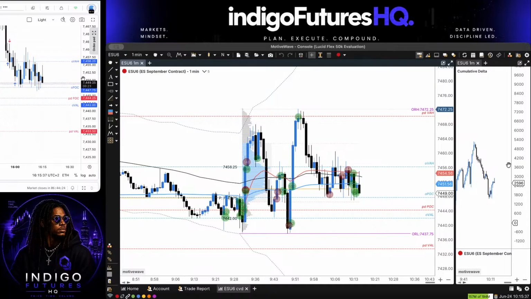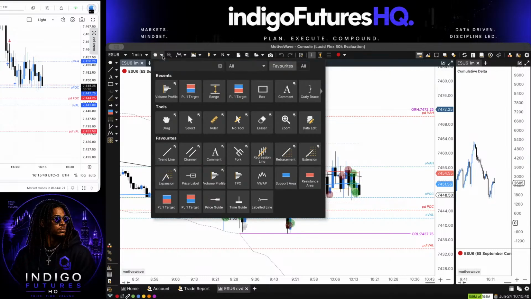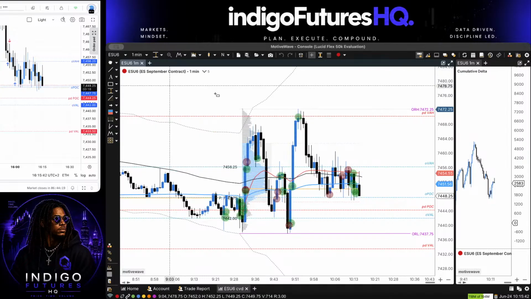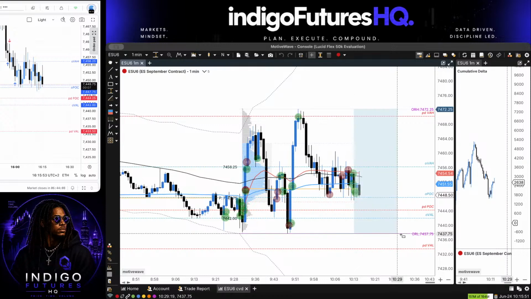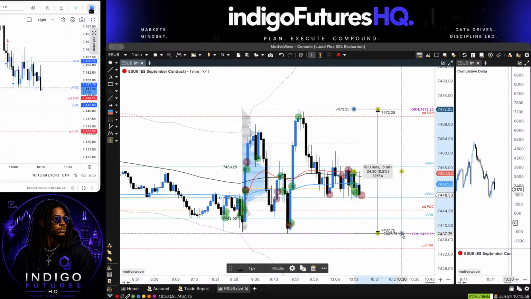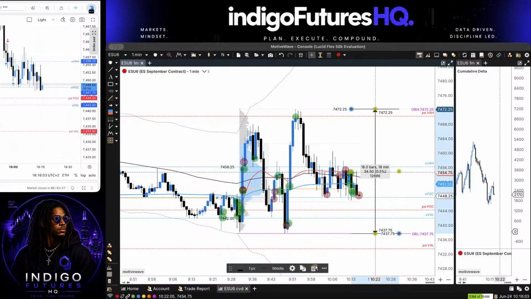We're looking at how big is this range? Let's find out. We're looking at approximately a 34-point range, initial balance.